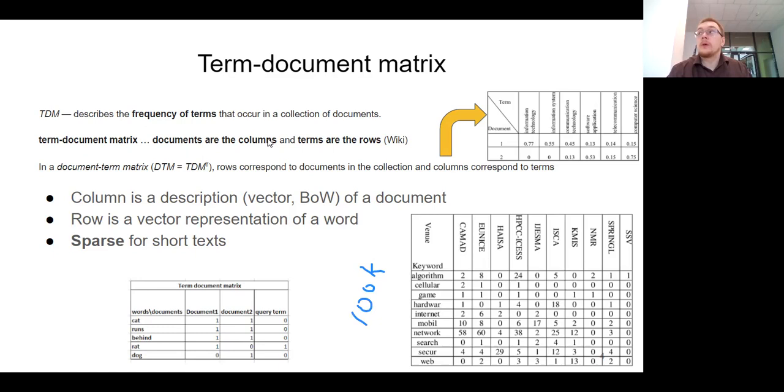Then we fix this number, sort the vocabulary, and then we will fix the documents and sort them by index.